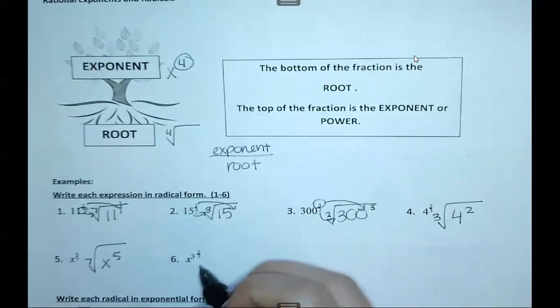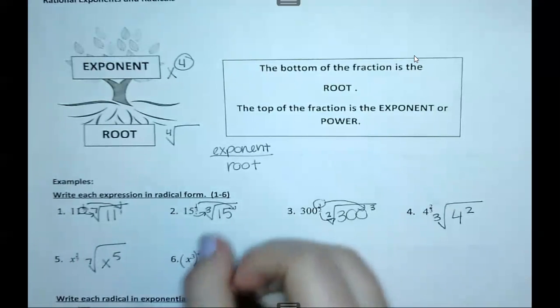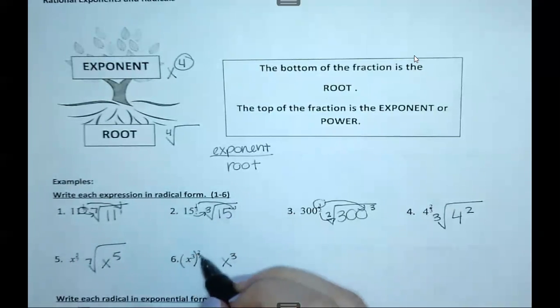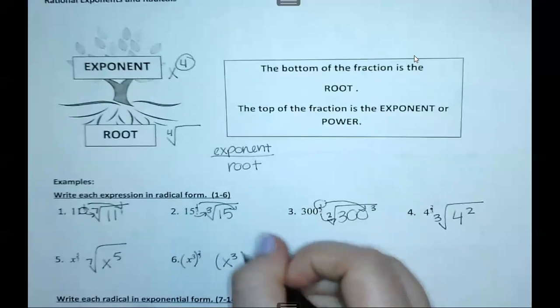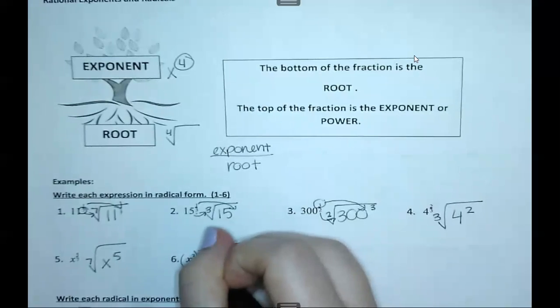Okay, so number 6, this one's a little tricky because the x already has an exponent of 3. But then it's being raised to the 2/7 power. So our base is the x to the 3rd. The top of my fraction is the 2, so that's the exponent. And the bottom of the fraction is 7, so that is my root.